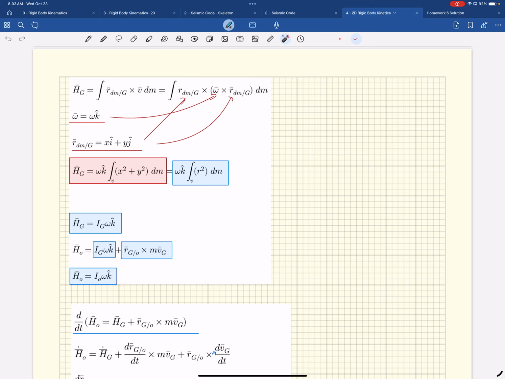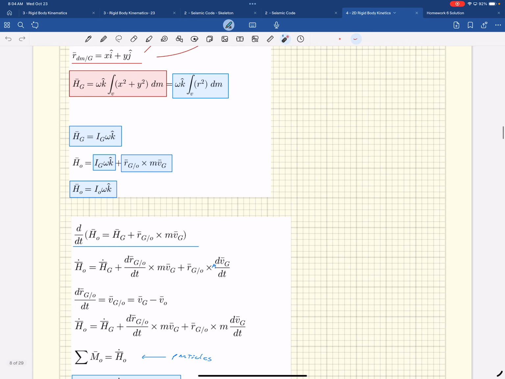This r squared dm we identified as the mass moment of inertia. So the angular momentum of an object about its own mass center is its moment of inertia about that mass center times omega. That's very analogous to linear momentum being mass times velocity. Angular momentum is I times omega, which is just another type of velocity.